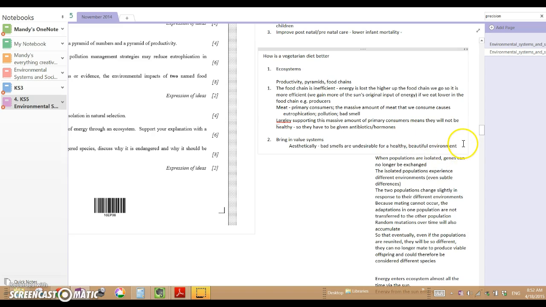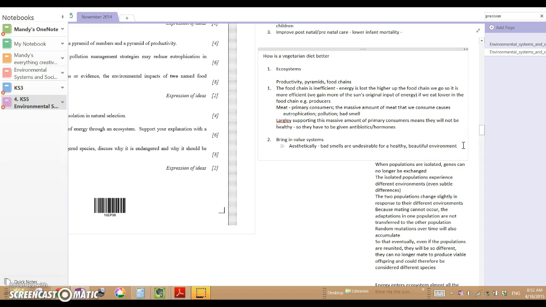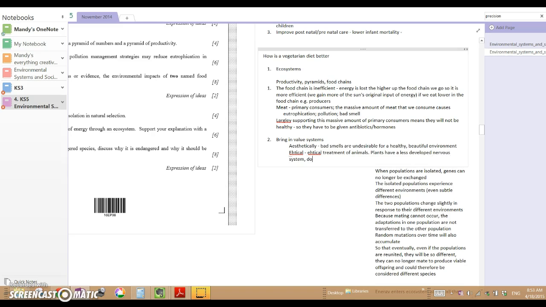In value systems, okay, so value systems, ethical. So now we can talk about the ethical treatment of animals. Plants have a less developed nervous system, so don't feel pain, and animals can become sick.